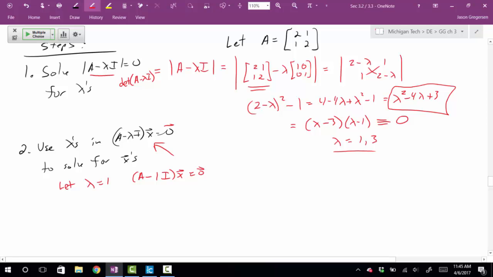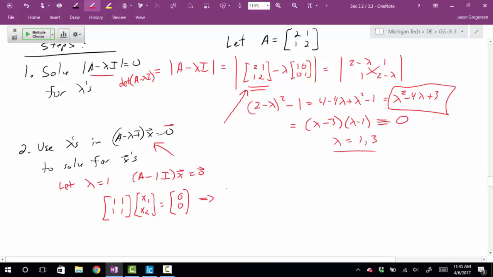So here's my matrix A up here. I subtract 1s off the diagonal. My system basically looks like [1, 1; 1, 1] times that vector x is equal to [0, 0]. I'm solving for the x's here.